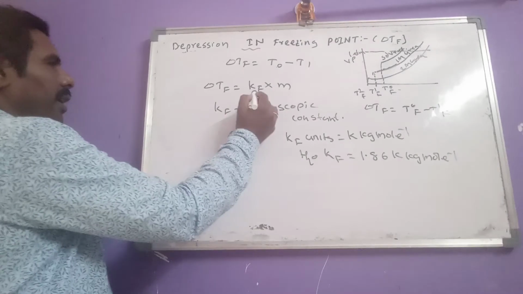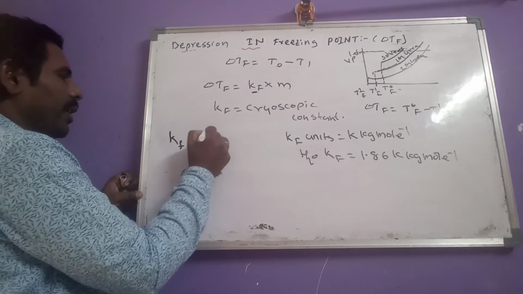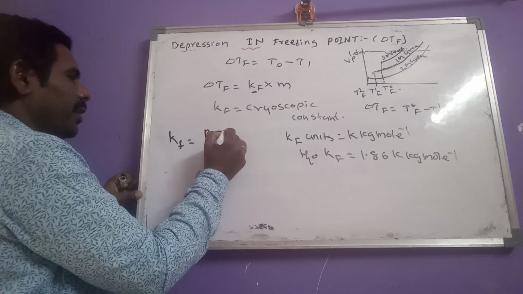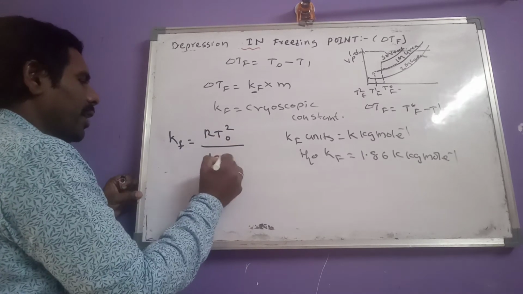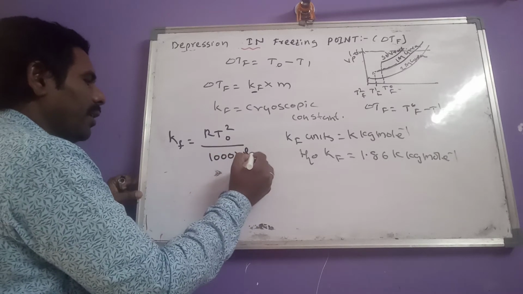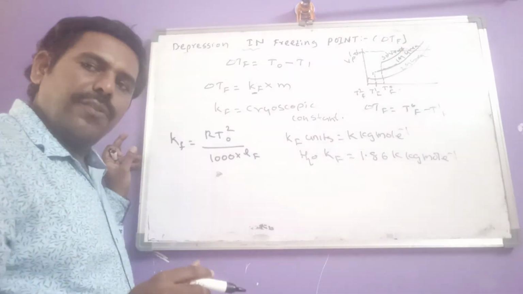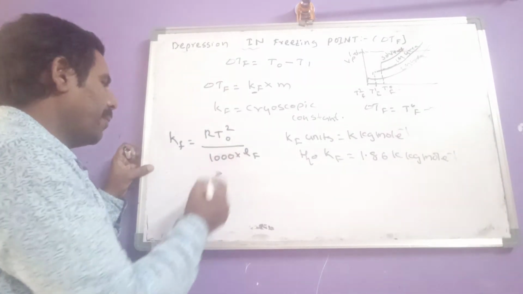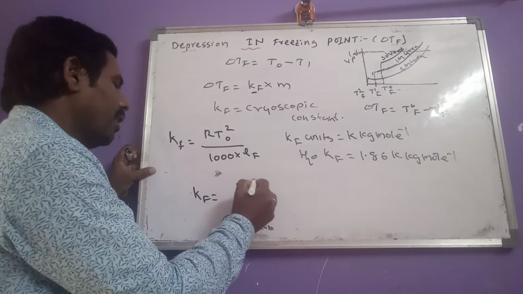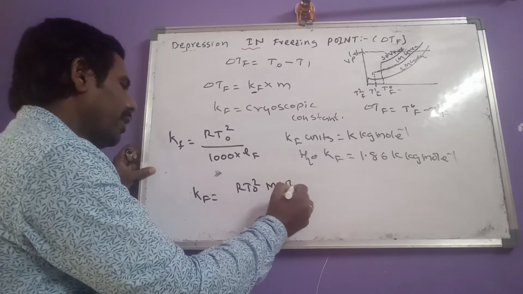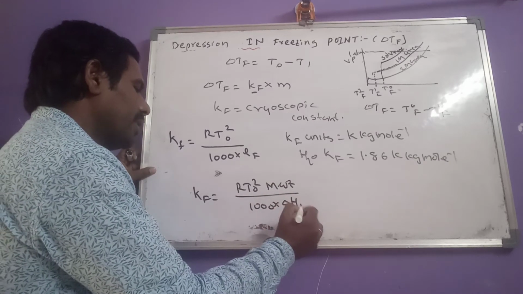And here let us look at Kf. Kf equals what can we write? RT naught squared by 1000 into LF. LF means latent heat of fusion, and this can be converted into Kf equals RT naught squared molecular weight by 1000 into delta HF.